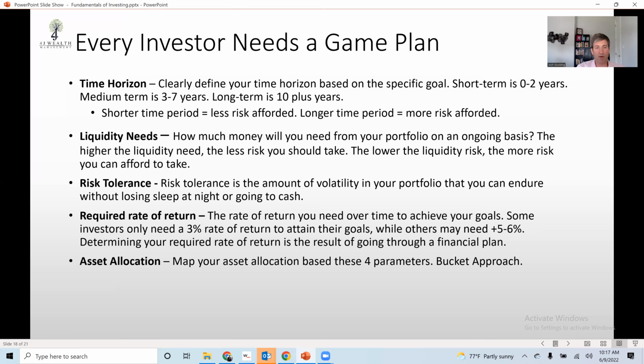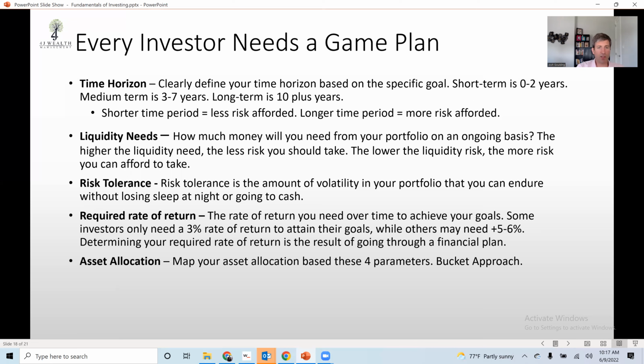The other thing is your risk tolerance. This is one of the hardest things as advisors to capture with the client, because you really don't know how you're going to react to risk until you're in a situation where we're in a drawdown, like we are now. Risk tolerance is the amount of volatility in your portfolio that you can endure without losing sleep at night or going to cash.